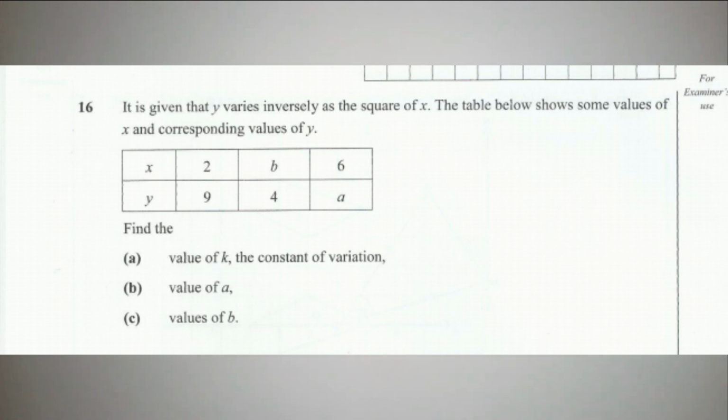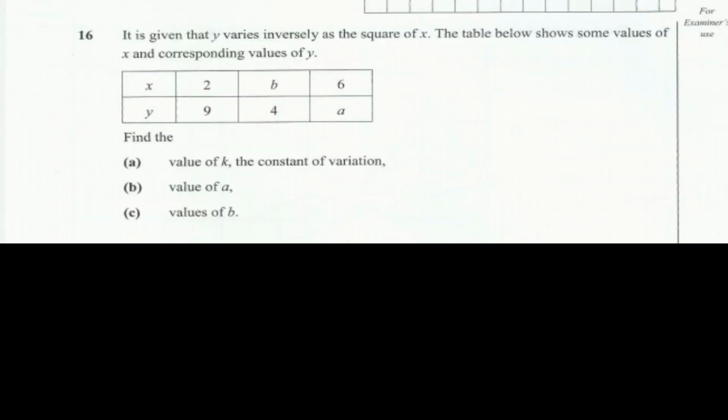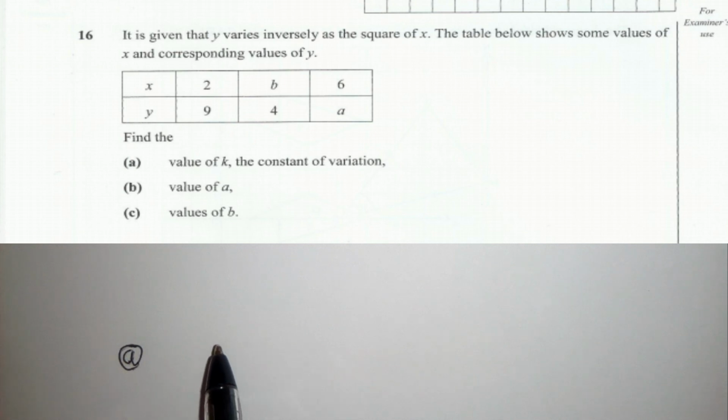All right, so the first question says find the value of k. What we normally do here is we follow the statement which says y varies inversely as the square of x.